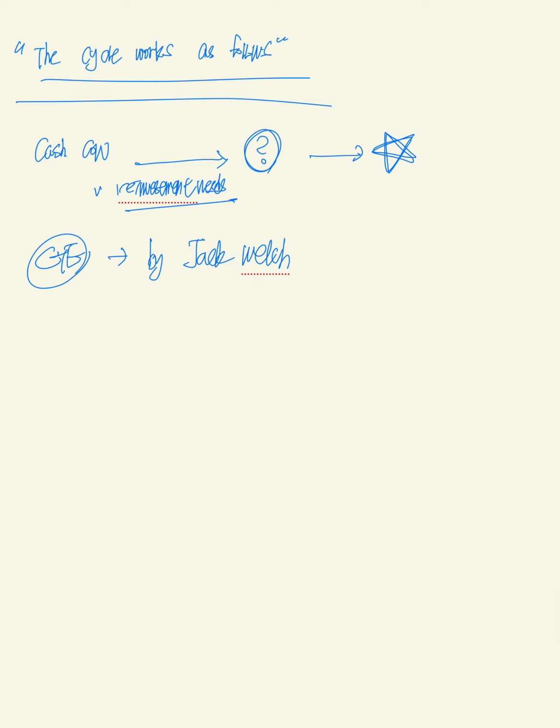Welch's famous dictum was: be number one or number two in every market we compete in, or fix, sell, or close the business. This was in effect a BCG matrix prescription applied with steely discipline across General Electric's entire portfolio. Okay, the General Electric case is a good example of this flow.